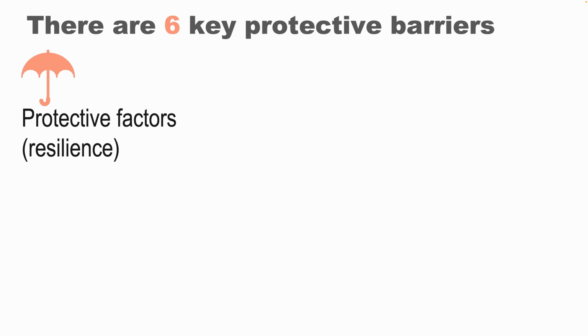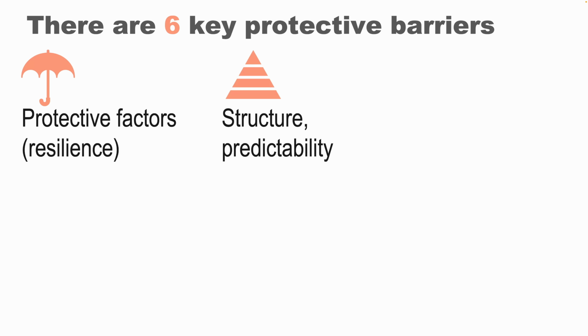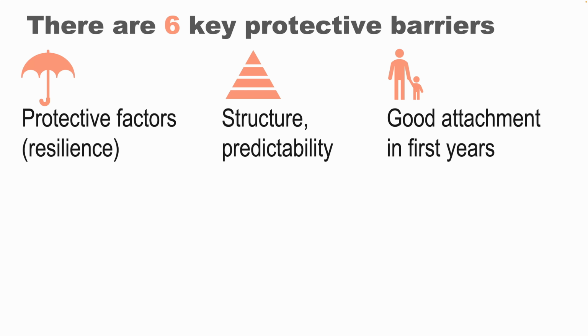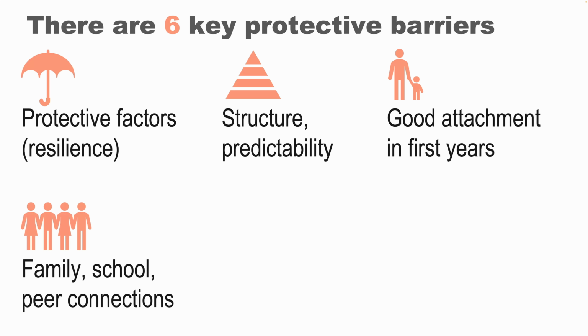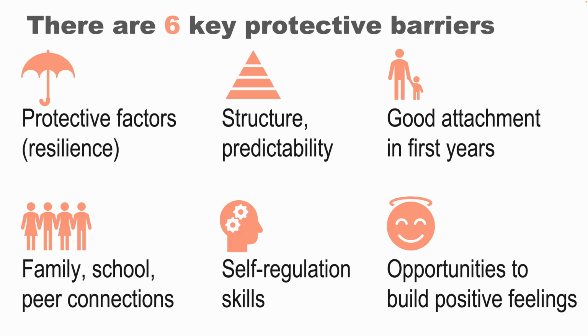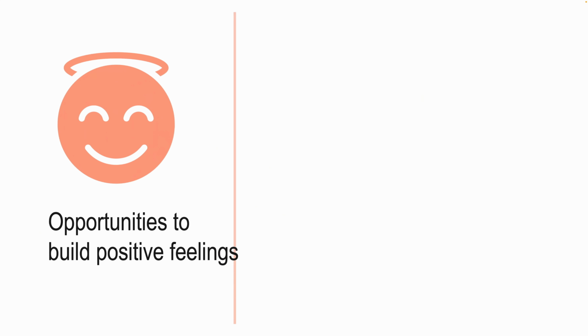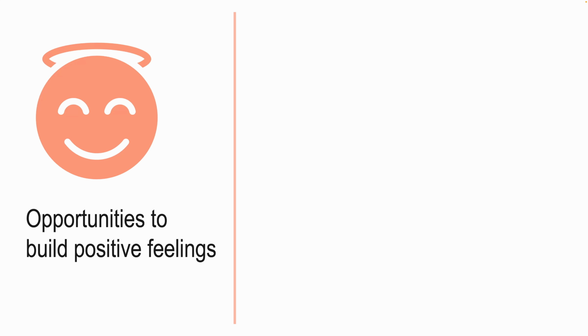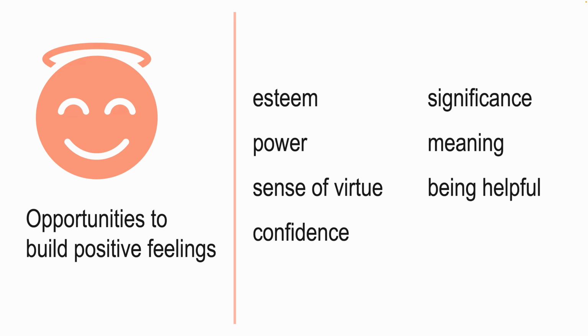Protective factors such as resilience, structure and predictability, good attachment in the first few years of life, connections with family, school, and peer groups, self-regulation skills, and opportunities to build positive feelings. Now, what do I mean by building positive feelings? Well, that's things like building feelings of esteem, power, sense of virtue, confidence, significance, meaning, and being helpful.